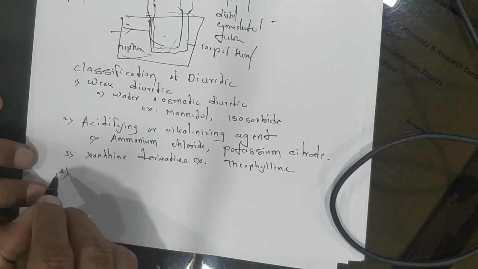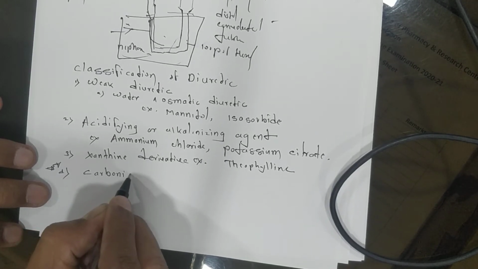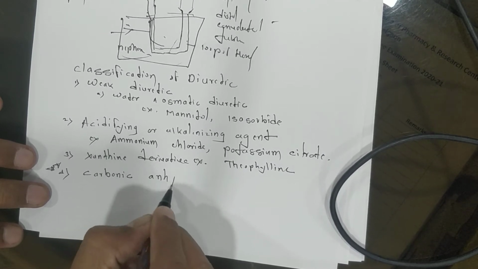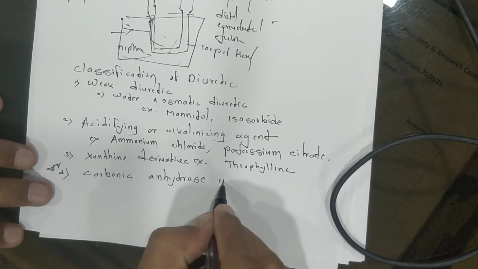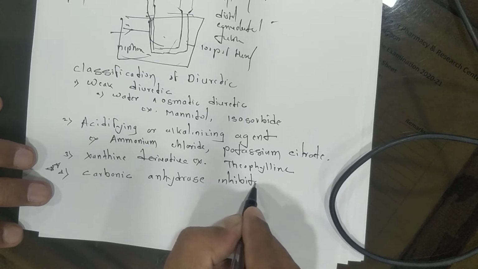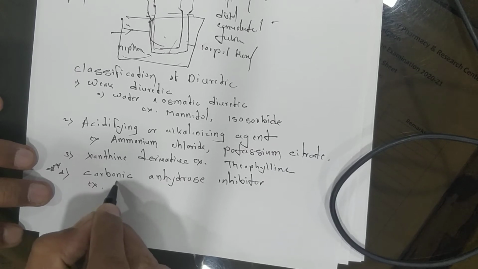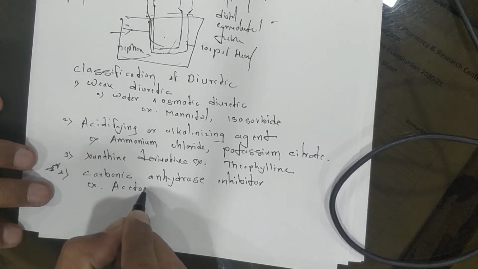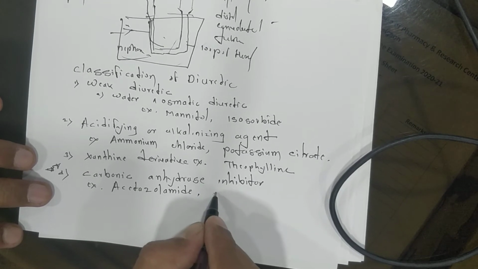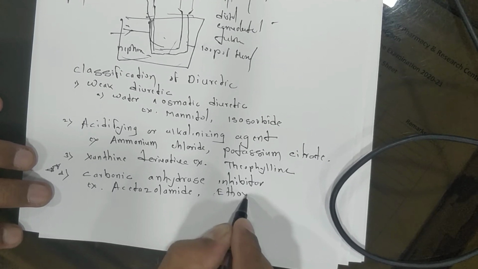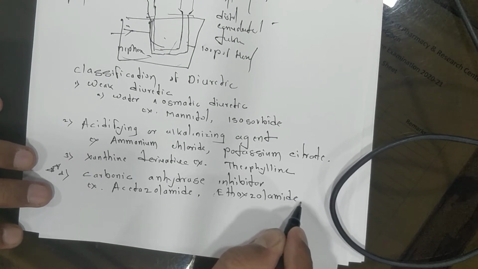And then the most important, which is asked many times in the exam: carbonic anhydrase inhibitors. Examples: acetazolamide and ethoxyzolamide.